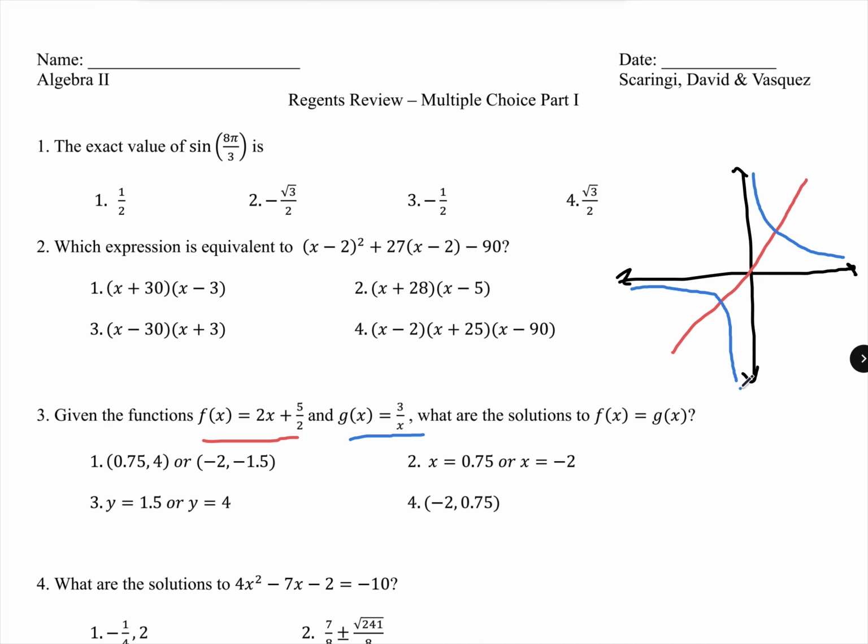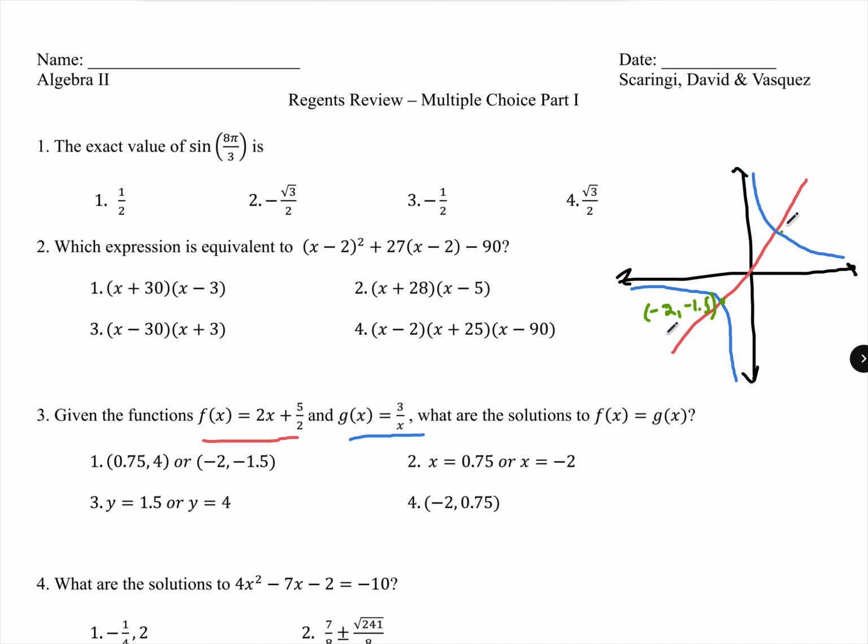Then I can use my calculator to find the intersect function. So I would go to second, up at the top, calc, go to number 5, that's intersect. If I click on my first line, which might be the blue one, or in this case it's the red one, click on my red line, click on my blue line, guess the intersection point. The intersection point right here is -2, -1.5.